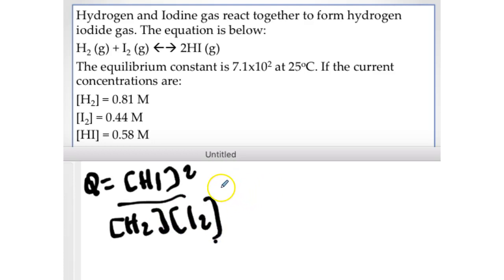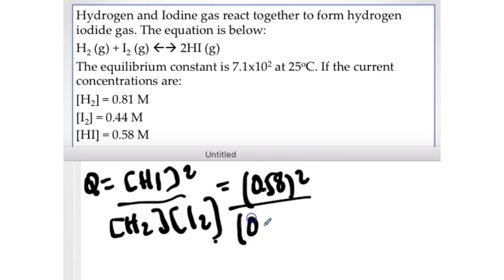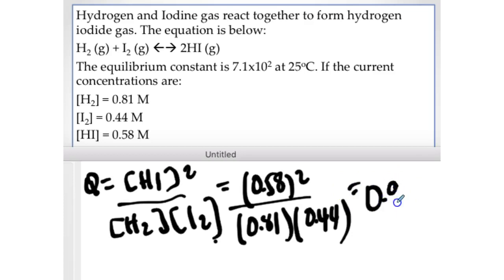And we're going to plug it in. So HI is 0.58 to the second power over H2, which is 0.81, and I2, which is 0.44. And when we solve for this, we get 0.944. So that's what Q is.